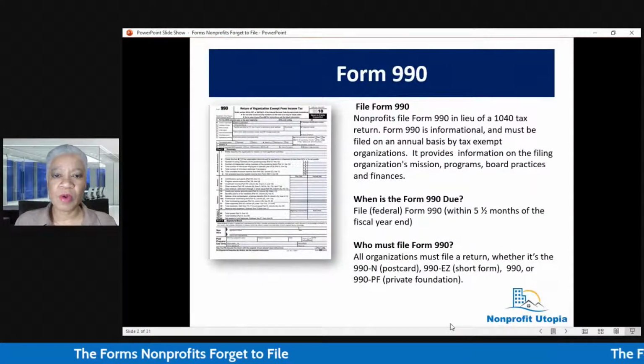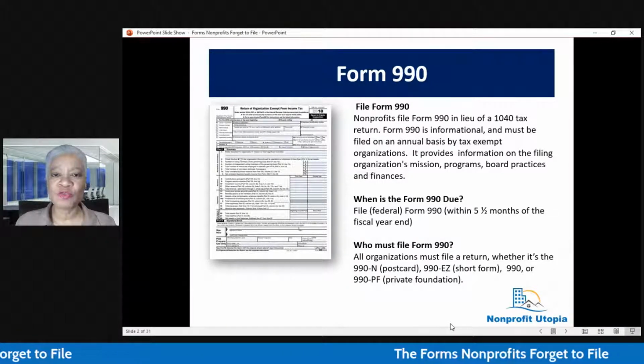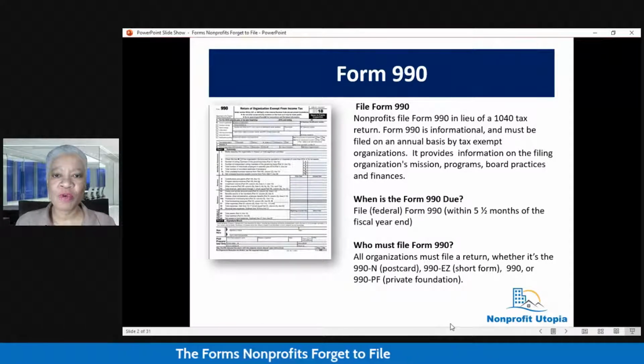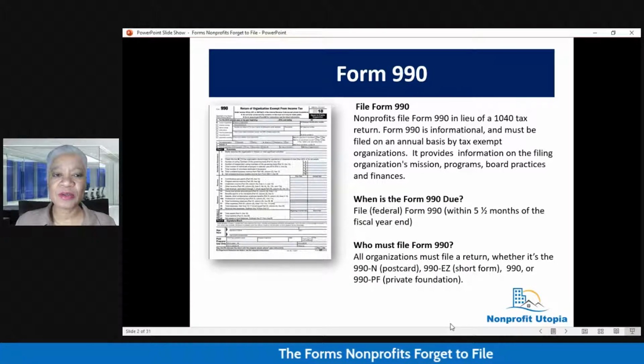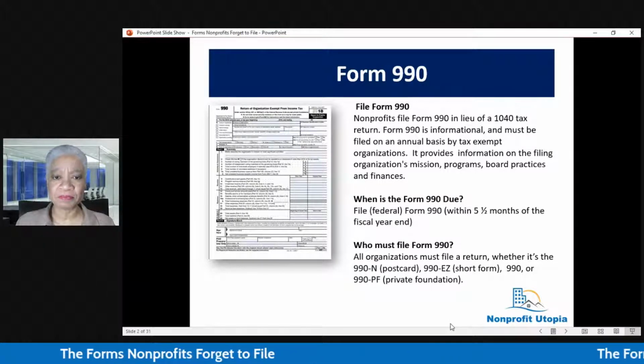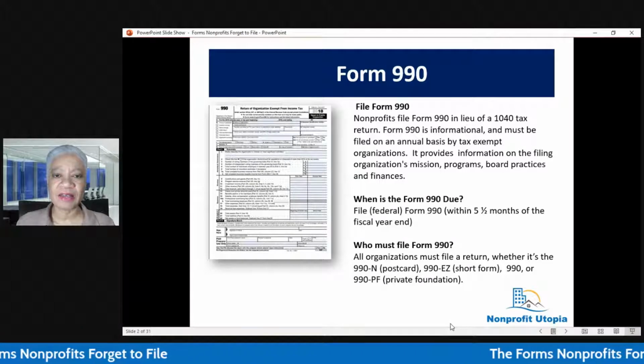So one of the most common forms that nonprofits forget to file is Form 990. Form 990 is a form that nonprofits have to file instead of Form 1040. We think that just because we have a nonprofit organization and we're tax exempt, we don't have to file any taxes.